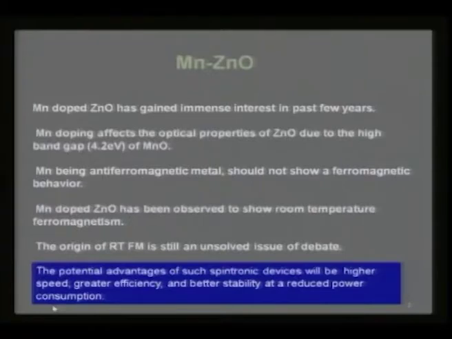Now, what is the big hype about manganese zinc oxide? Since it is a case study, I want to single out some of the importance of this before we go into an in-depth analysis.